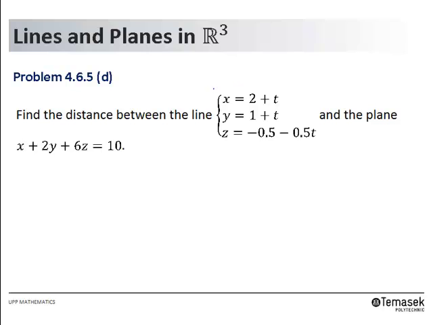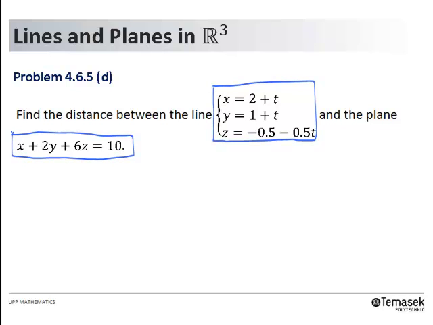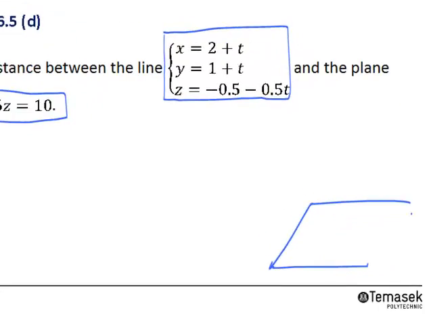Now first we notice that if this line is not perpendicular to the normal vector of the plane, then the distance will be 0. Let me describe this visually as follows.